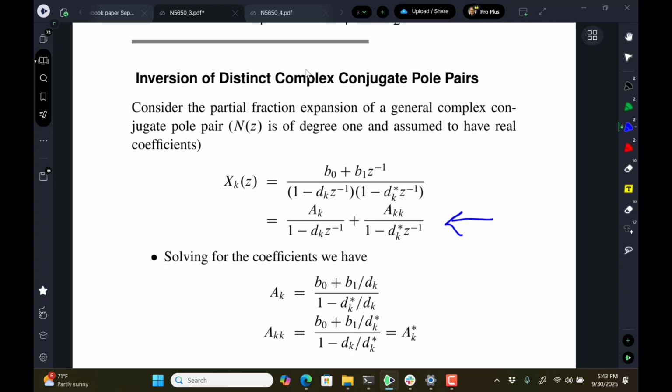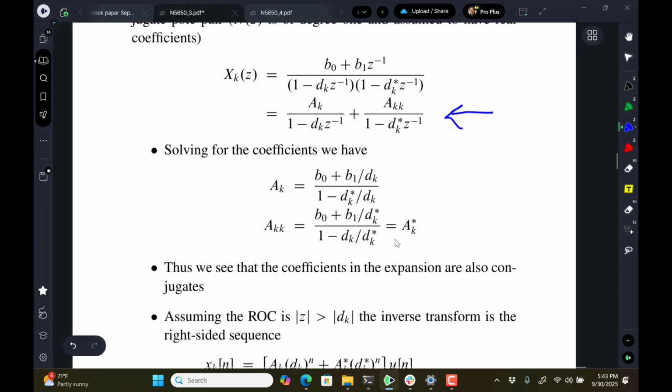We have a distinct pole at dk, and we have a distinct pole at dk conjugate. Those are not in the same location, and we can solve for those coefficients using the residue formula. And when you get done, you observe that the conjugate of Ak is the coefficient for the A sub k conjugate term.